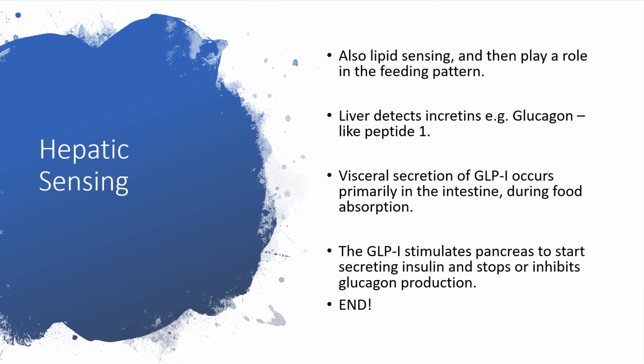The glucagon-like peptide 1 has the capability to stimulate the pancreas to start secreting insulin. And of course, we know why. Carbohydrate is being absorbed into the circulatory system, and then we need insulin to be proportionately high as well, and then stop or inhibit further glucagon production.